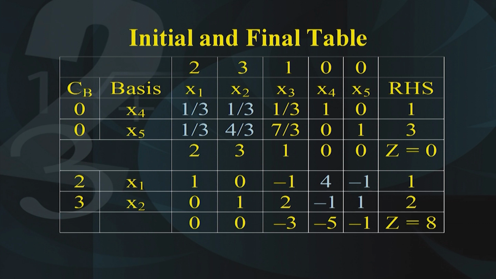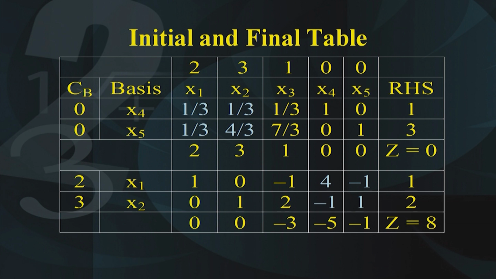Under x3 we have 1 by 3, 7 by 3. Under x4 we have 1, 0, and under x5 we have 0, 1, and the right hand side is 1, 3. Now, since the coefficients of x4 and x5 is 0 in the objective function, therefore, in the first column we need to write the value 0, 0.